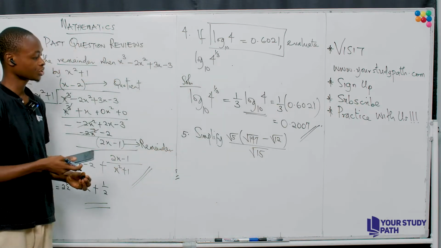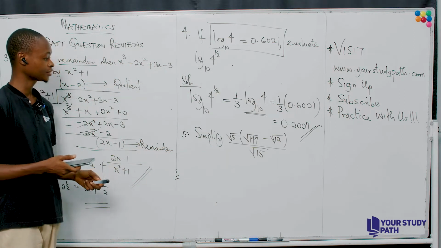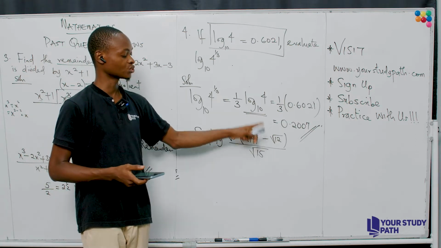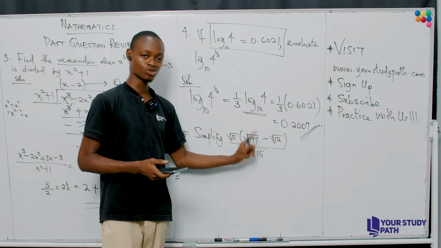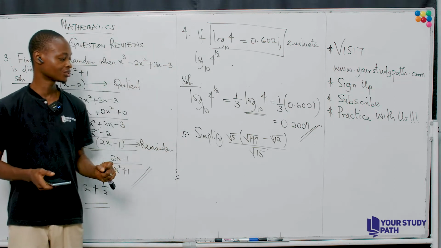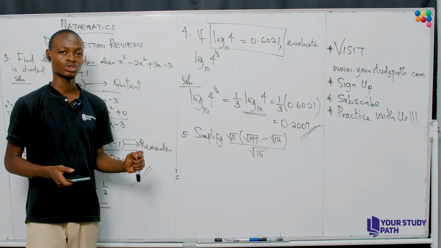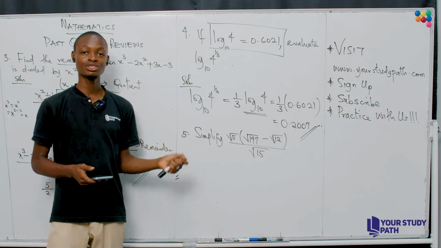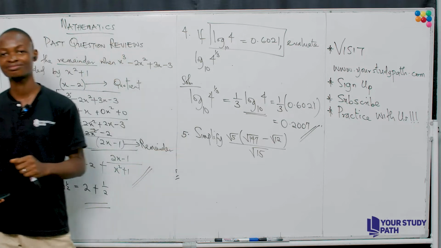Okay, so this is the question. You have to simplify root 5 multiplied by root 147 minus root 12, all divided by root 15. You have yourself 40 seconds to attempt this question. Attempt it. Let's see the result you come up with. Your time starts now.